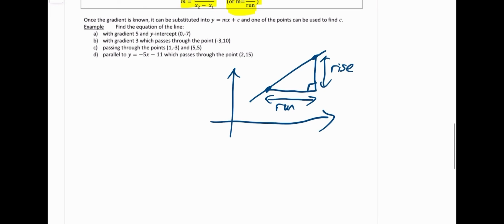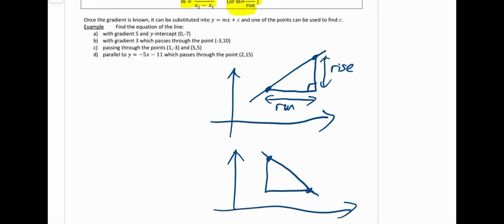If I looked at a different one which had a negative gradient, this time the rise is going to be negative, and the run is going to be positive, so that's how we get a negative gradient, because the rise will actually be a negative number. A negative divided by a positive gives you a negative overall. So we're going to look at a couple of these.